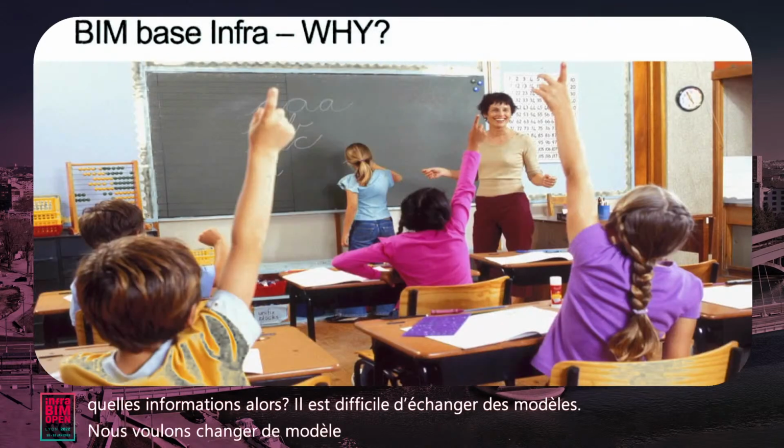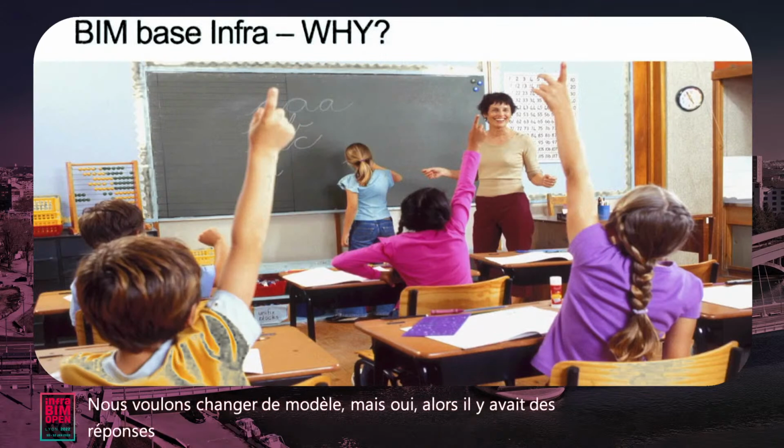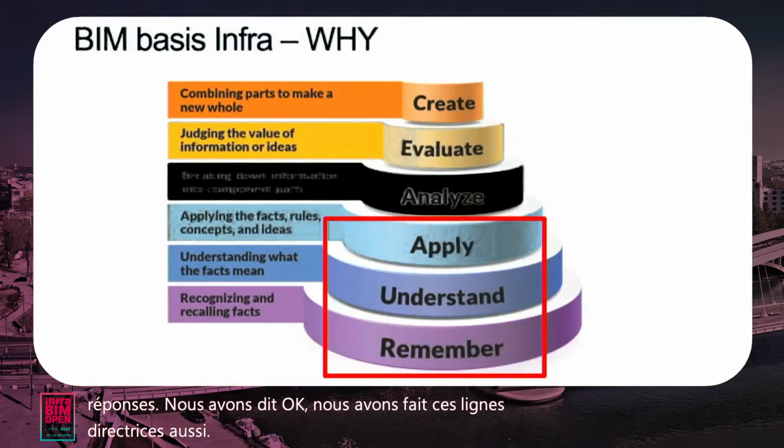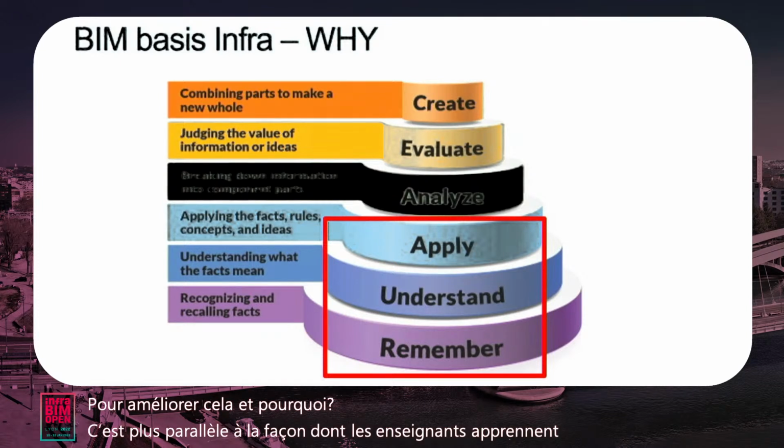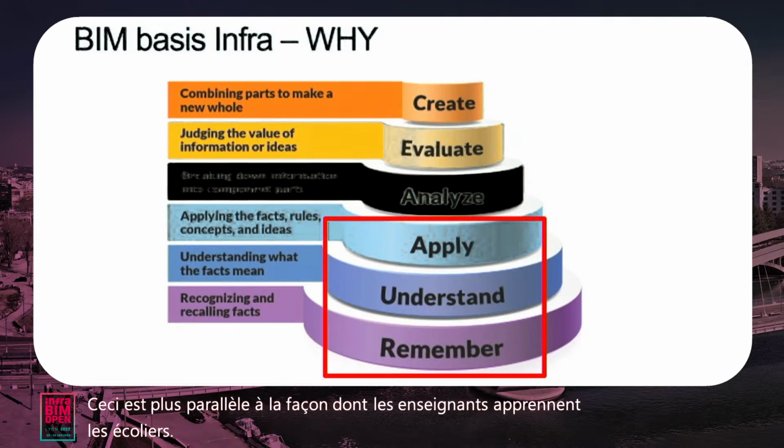So there was some answer. We said, okay, we made these guidelines to improve this. And why? This is more parallel to how teachers are teaching school children new rules and things.